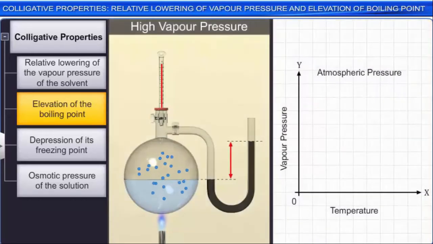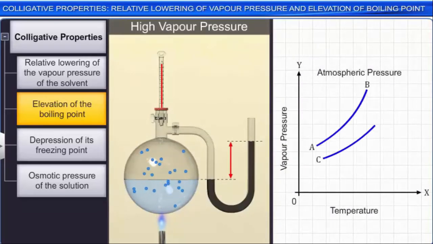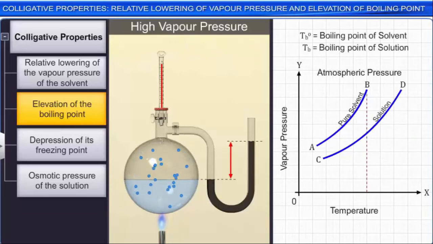Let us discuss the elevation in boiling point on the basis of curves showing the variation of vapor pressure of pure solvent and solution as a function of temperature. You know that at any temperature, the vapor pressure of a solution containing a non-volatile solute is less than that of the pure solvent.